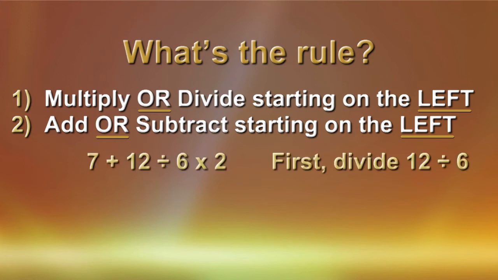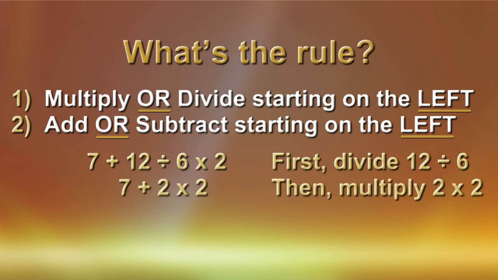So again, let's look at the question we just did. 7 plus 12 divided by 6 times 2. We have division here and we have multiplication. So first, do the multiplying or dividing, starting on the left. So that's why we first divide 12 divided by 6. Now we can't go on to step 2 yet, the adding or subtracting, because there's still some multiplying to do.